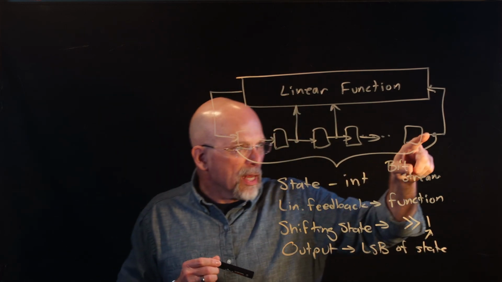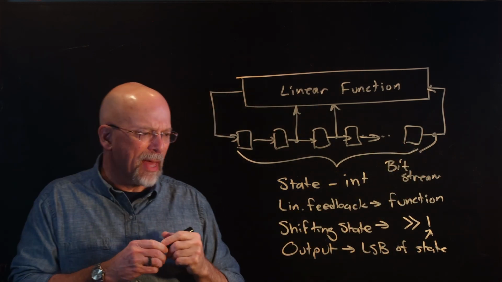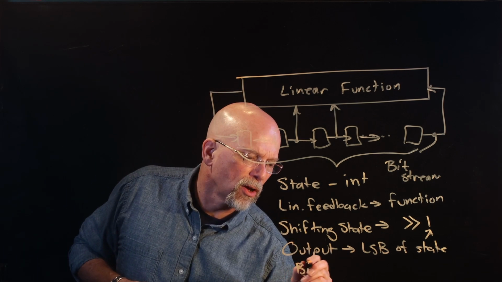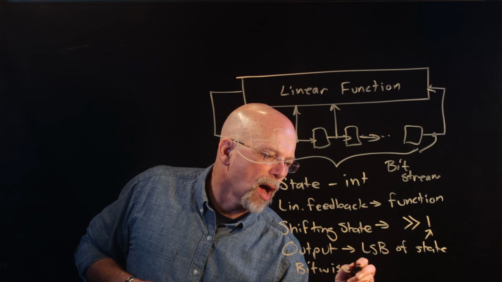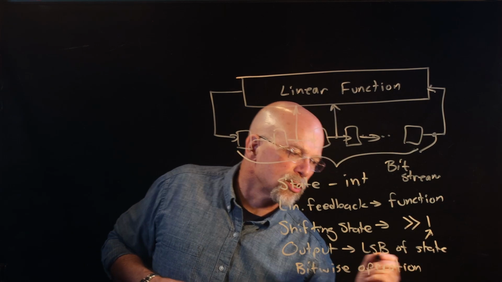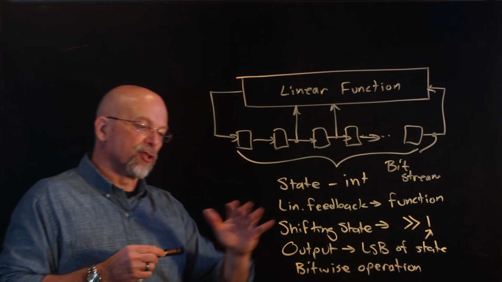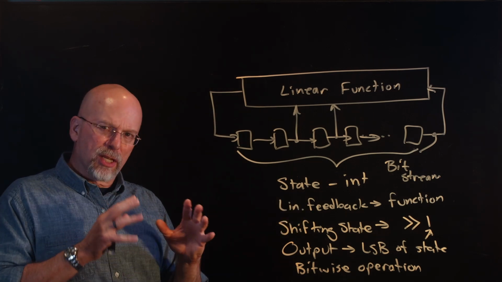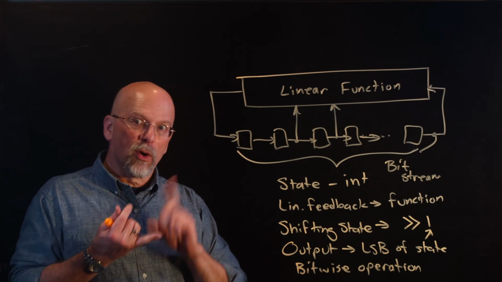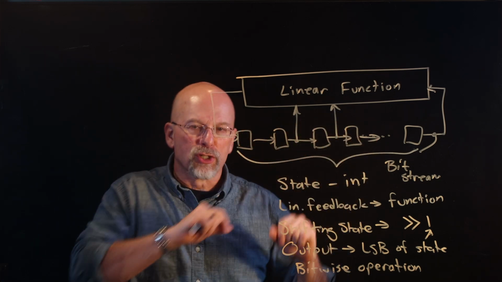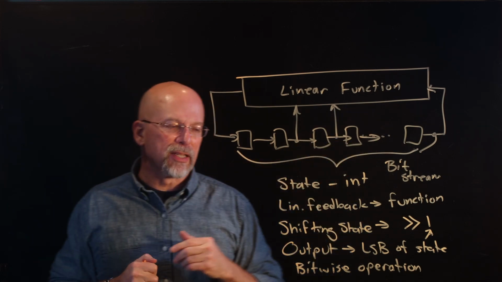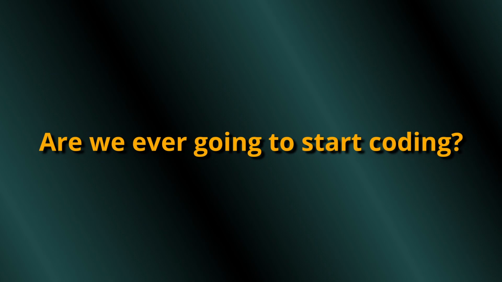And so when we look at that bit, how do we grab that bit? Well, the way we grab that bit is by using something called a bitwise operation. If you're unfamiliar with bitwise operations, this is a very important skill to understand. It's the ability to use a logical and, or, exclusive or, and inverse on an integer in order to just isolate or change or modify certain bits in our number.